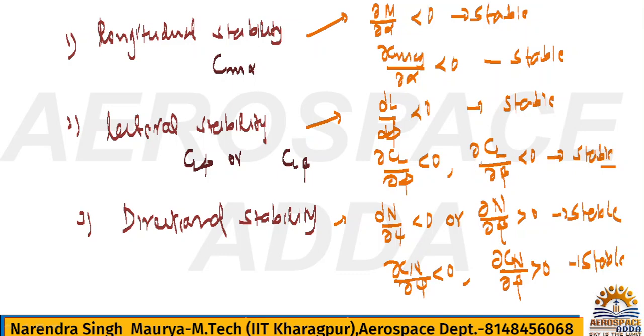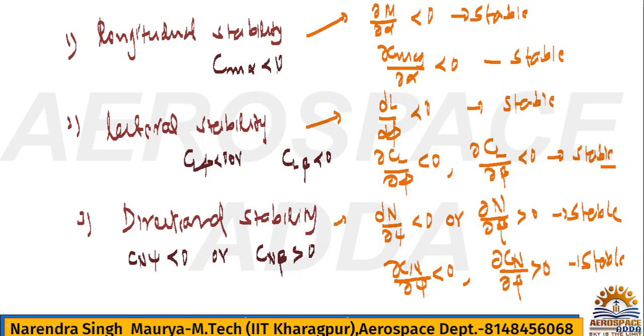If they write Cl beta, it means ∂Cl/∂β. That's the meaning. And similarly here it is Cn psi less than 0 or Cn beta greater than 0. So you must be aware of this short code also.